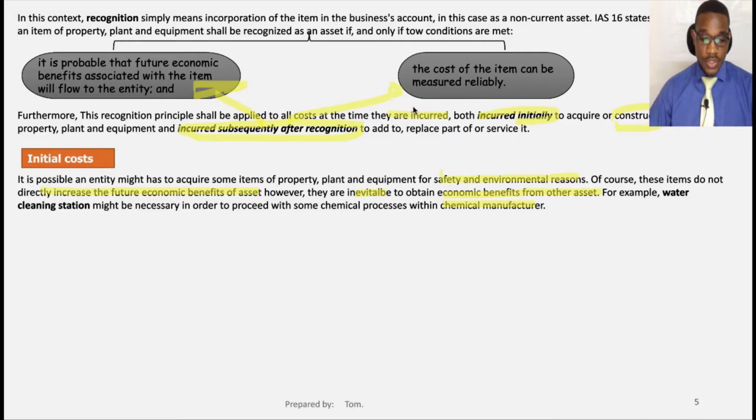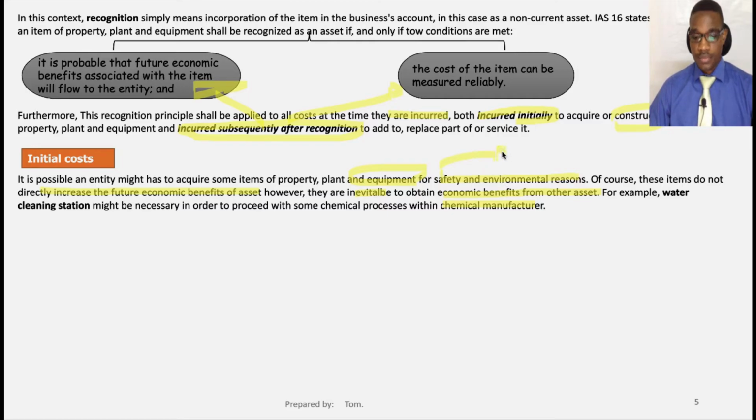So I said these two conditions must be met in order to classify the item of property, plant, and equipment as a non-current asset. But on the other hand, in some countries there are rules, specifically in manufacturing. These rules might involve safety or environmental conditions. You pay money for safety, or you pay money to meet environmental conditions.